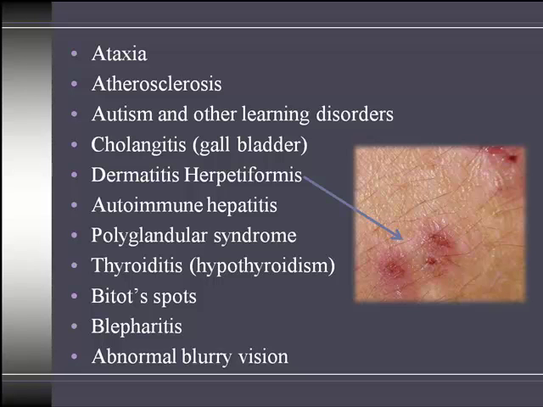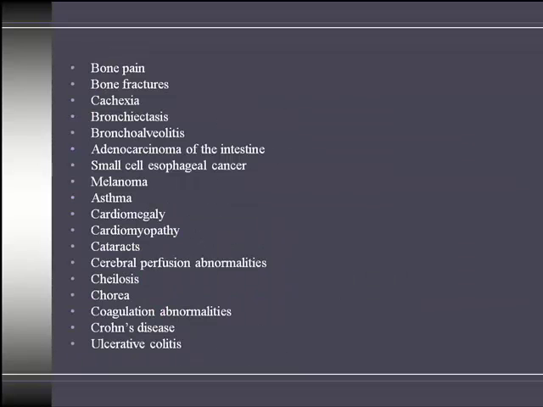You can see here an example picture of what DH, or dermatitis herpetiformis, looks like. This is the most common skin manifestation of gluten sensitivity, and the list goes on, and the list keeps going. You can see some of the more common ones here: bone pain, bone fractures, cachexia.